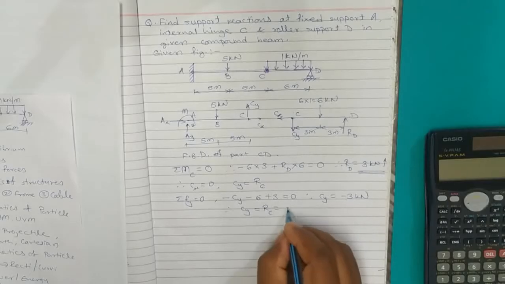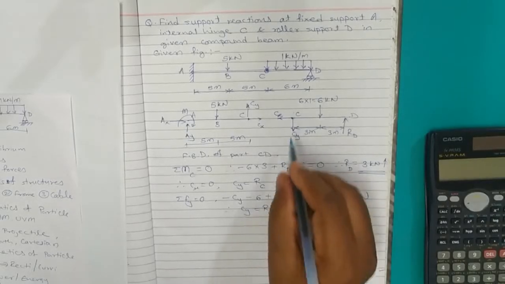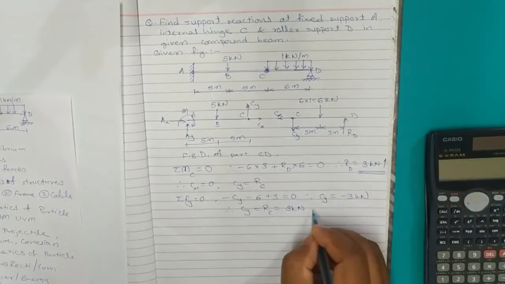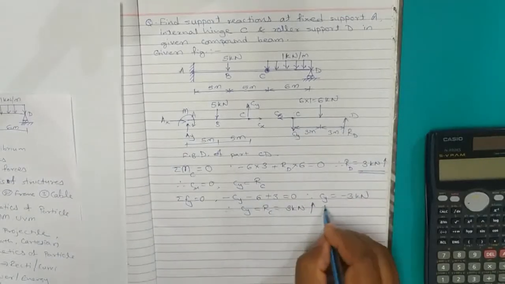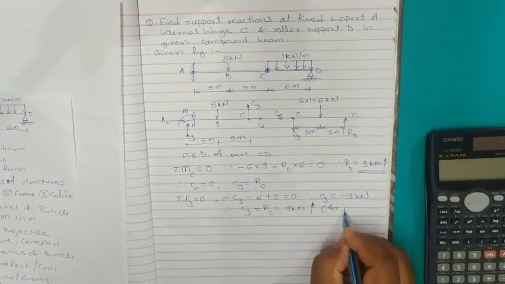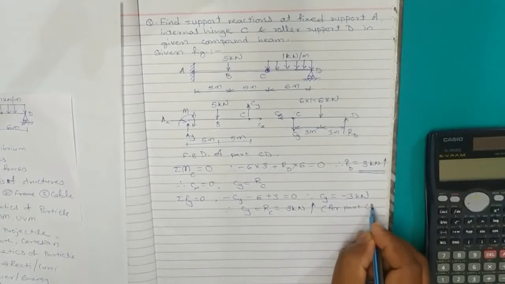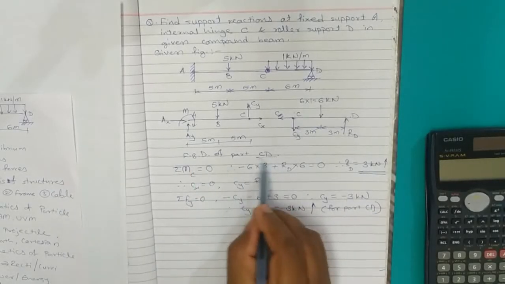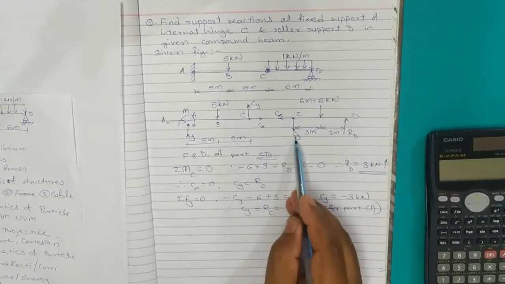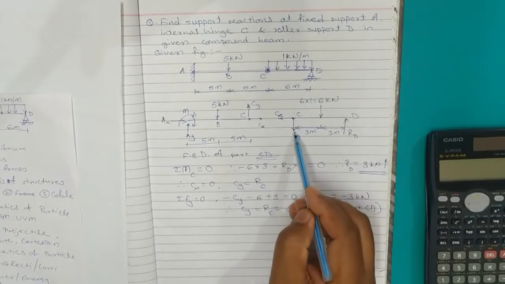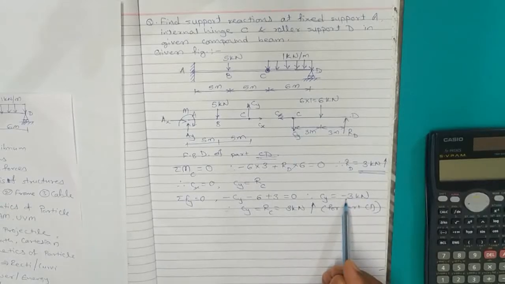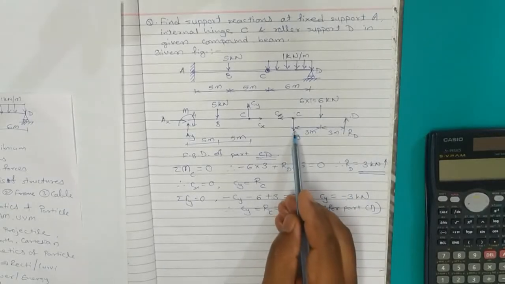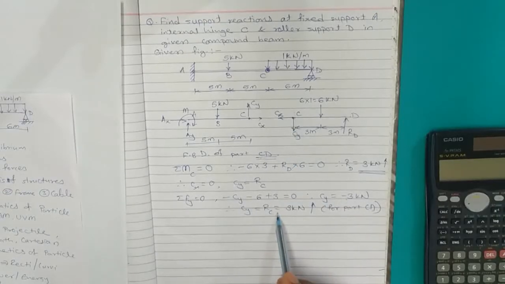The correct direction for Cy, or Rc, is going to be vertically upward. Remember, we are solving the FBD of the part CD, and there we have solved Cy. Our assumed direction for Cy here in CD is downward, but we have got a minus sign, which represents that our assumption is wrong. Cy is not downwards, it is upward.